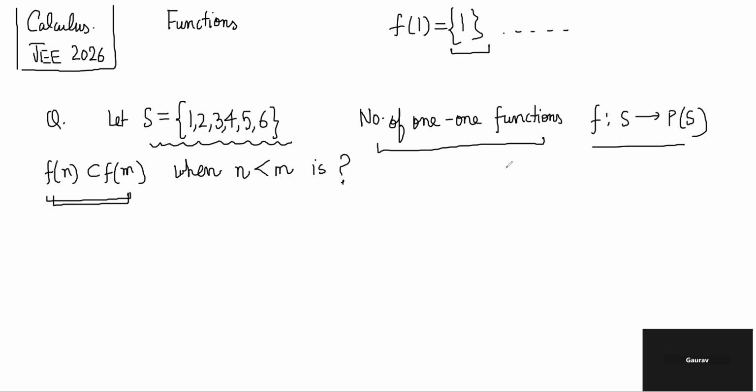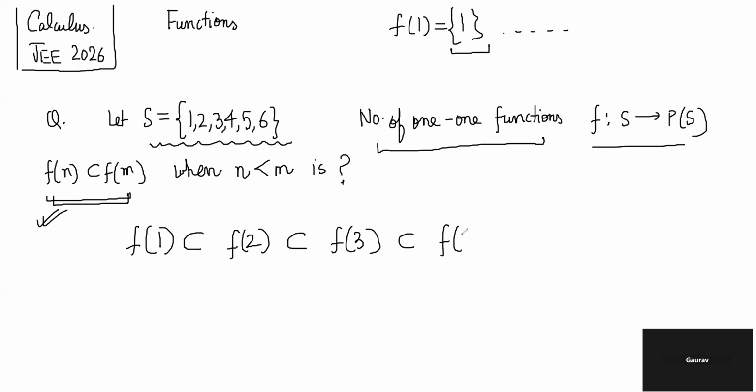So, first of all, because it is a one-to-one function, and because of this condition, we know that whenever you take f of 1 has to be a subset of f of 2. It has to be a subset of f of 3, proper subsets, right?